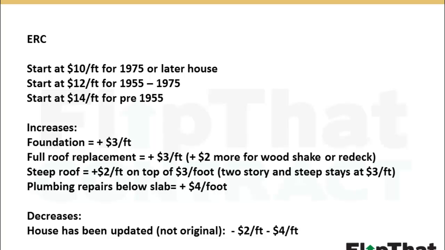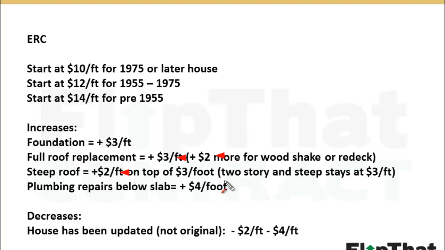So, for example, if you have a one-story house that is a steep roof, and it needs to be redecked, you'll actually be budgeting $7 a foot, which is the $3 plus the $2 plus an additional $2.